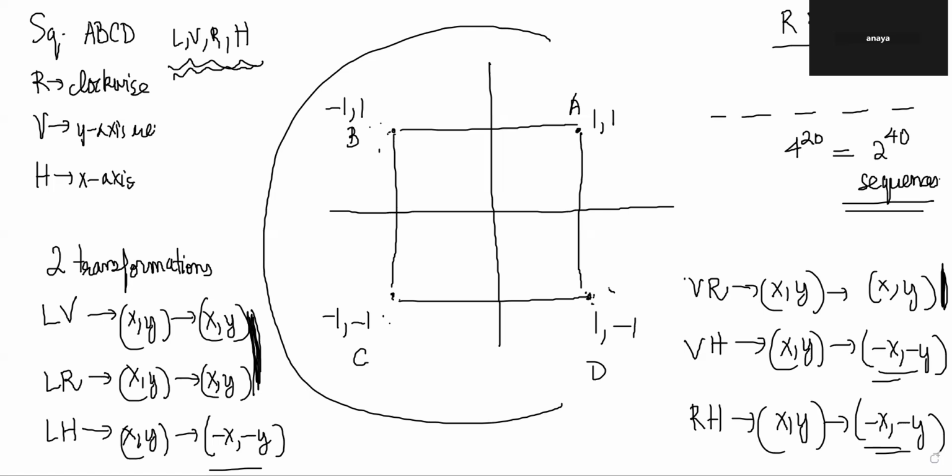So basically, if you apply two transformations, you are either ending up back at the same or you're ending up somewhere here, right?